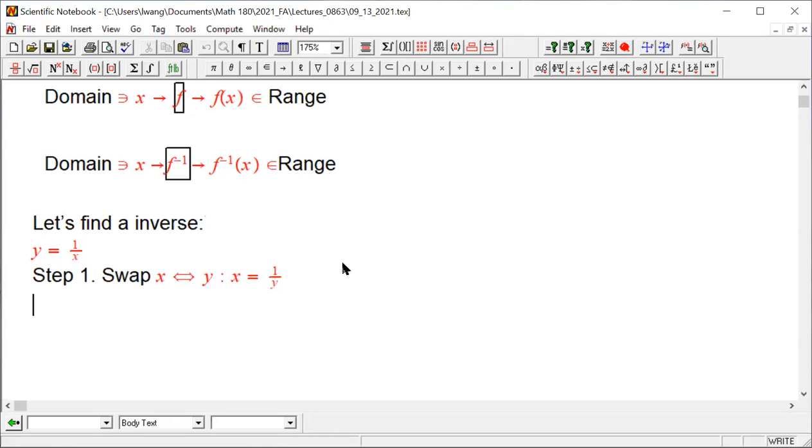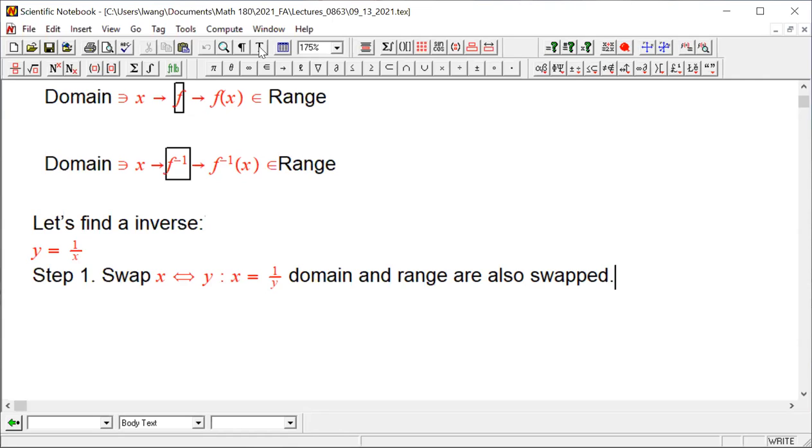This is swap. It represents the swap of domain and range. Domain and range are also swapped. You follow me? Yeah?